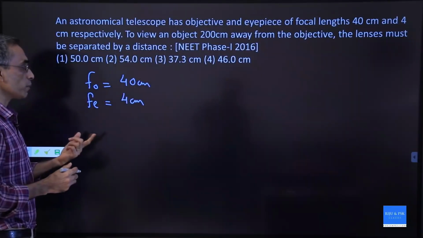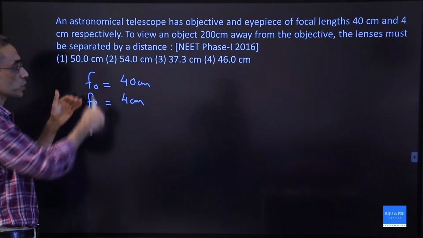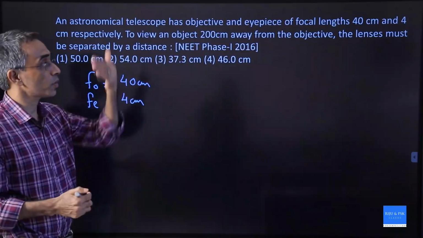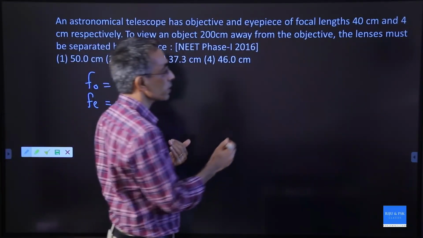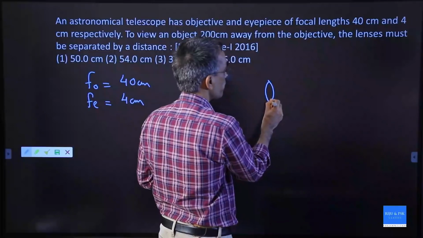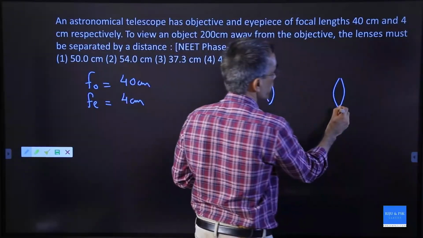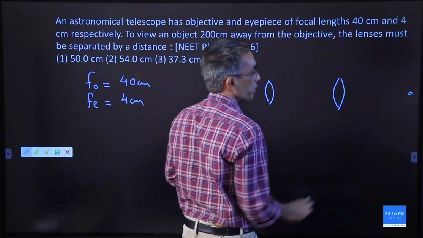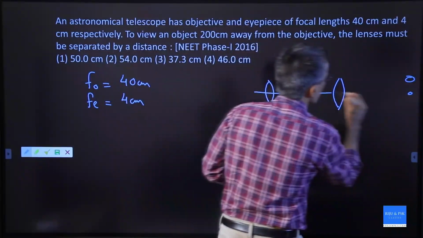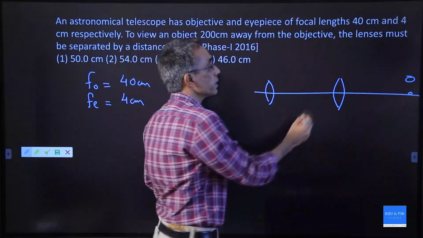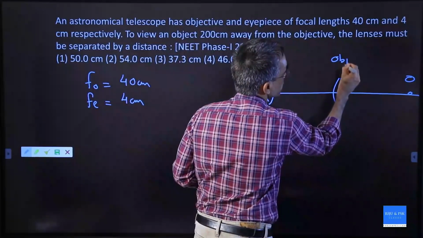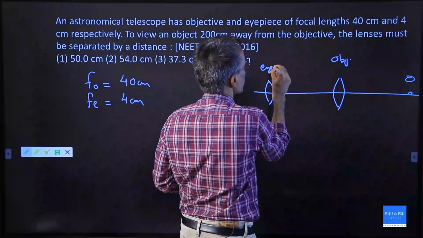Normal mode, in the normal mode, distance between the lenses is sum of these two, 40 plus 4, but here the object is not at infinity, object is at 200 centimeter away. So let us say this is the eyepiece, this is the objective lens, and this is the object. So object here, coaxial, this is the objective lens, this is the eyepiece lens.